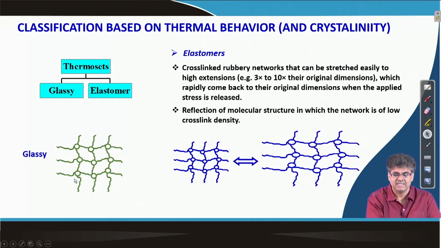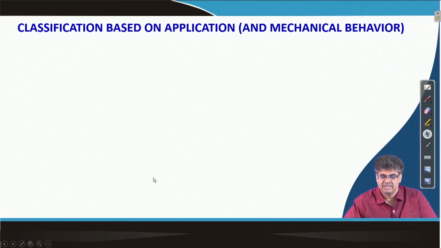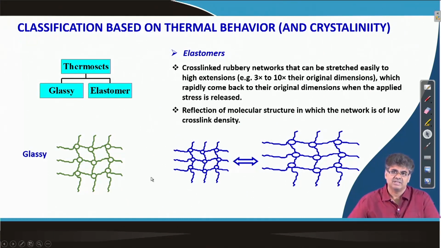As well, if the number of cross-link densities or number of cross-links is too many, then the mobility also gets restricted. So, in that case, this becomes a very hard material and we cannot stretch it. So, basically we call it a glassy thermoset material.